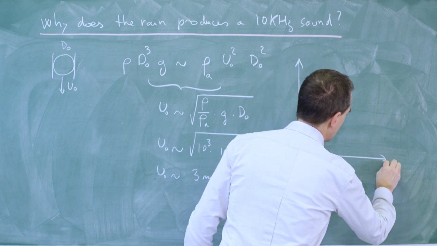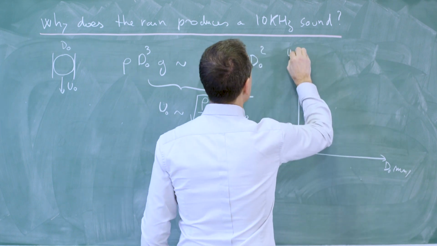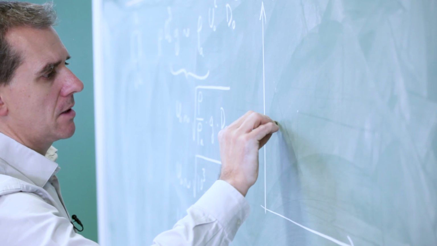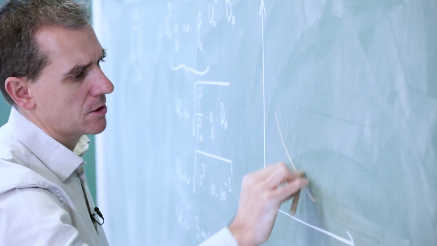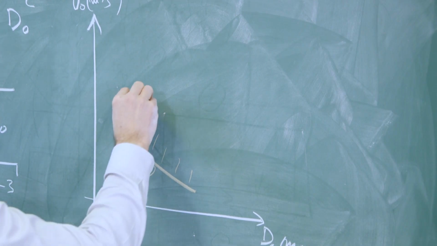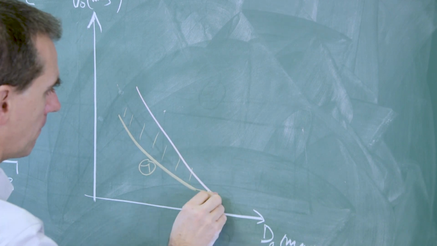So now if we summarize what we have discussed so far in the diagram d naught and u naught, what we have seen is that in order to entrap the bubble, the velocity must be larger than this first limit, it must be lower than this second one.